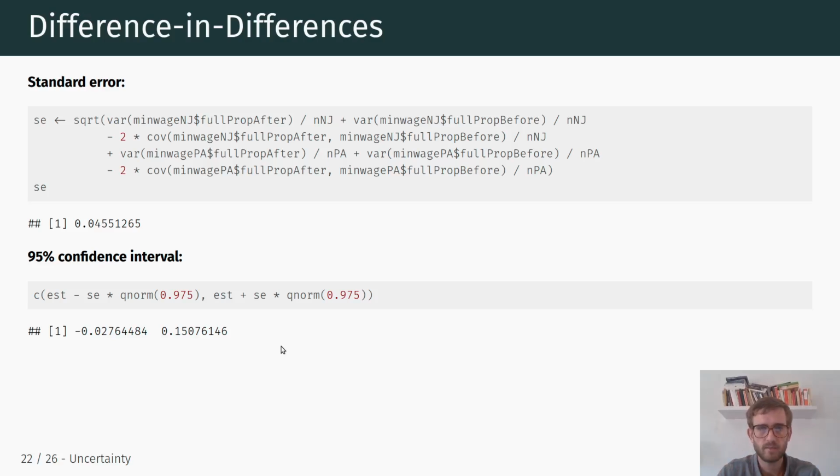In the next week, we'll talk more formally about hypothesis testing and putting an exact probability on how likely it is to observe the estimate that we saw, assuming that the true population parameter was actually equal to 0.